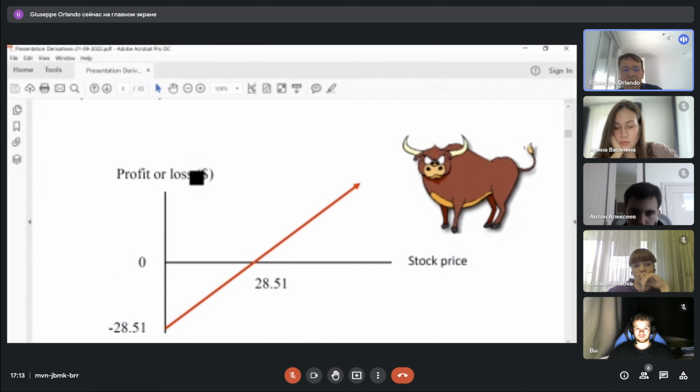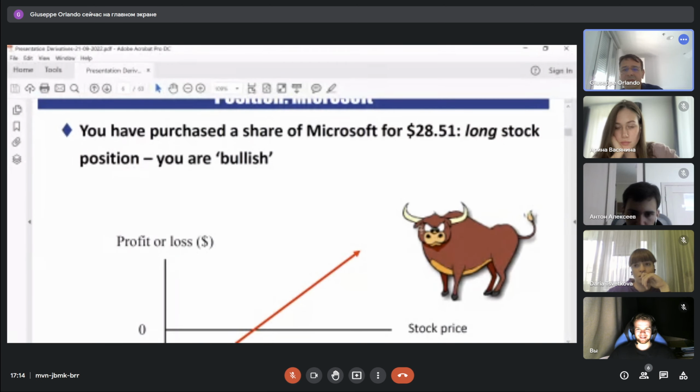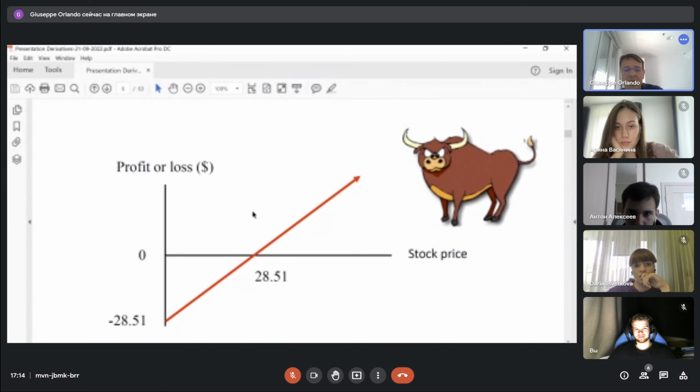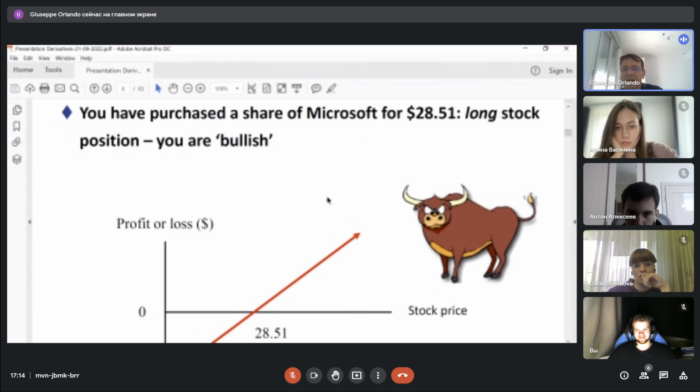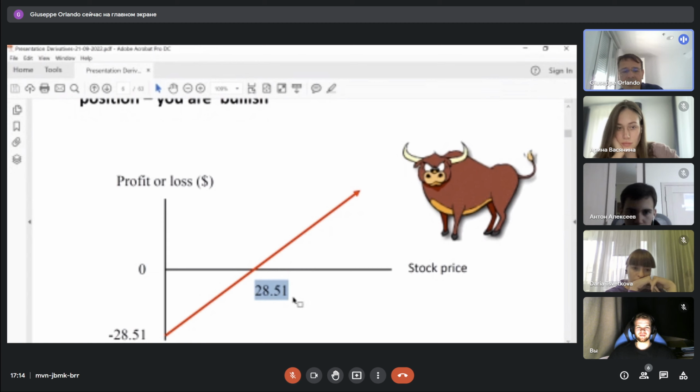So let's make an example about a call. Not a call, sorry. First, we start with a stock. Let's say that we own this security. We bought this security at 28.51. So what can happen to us?